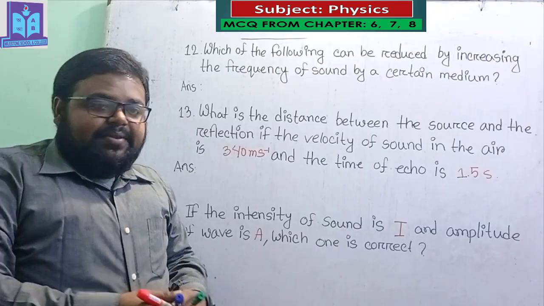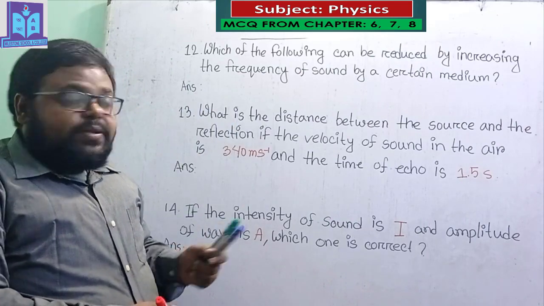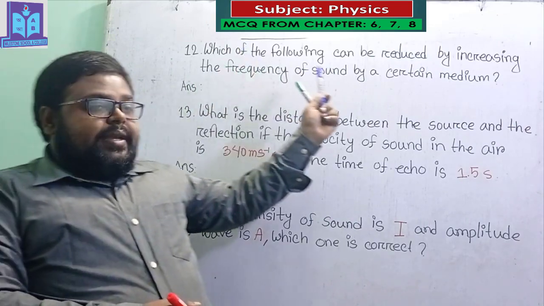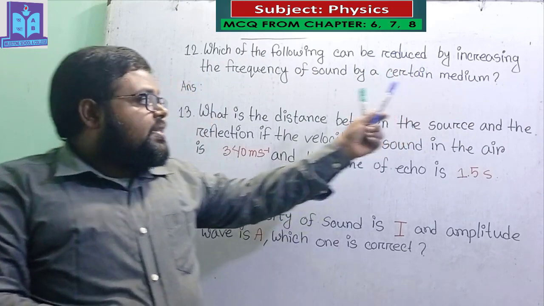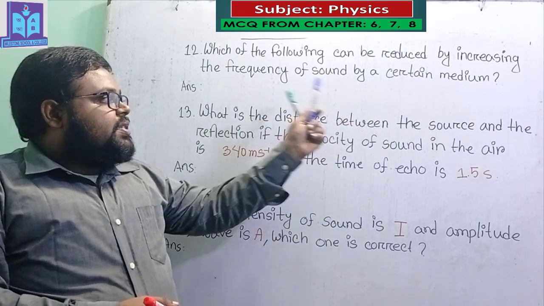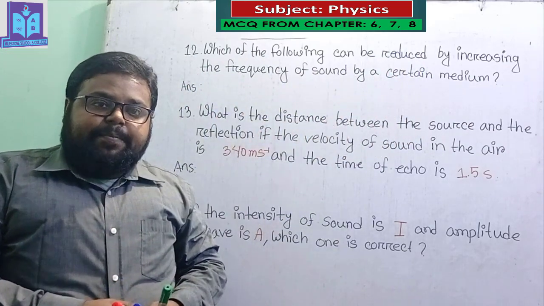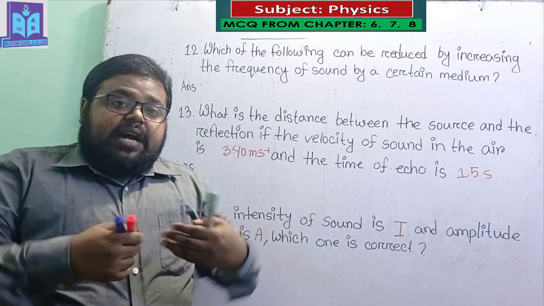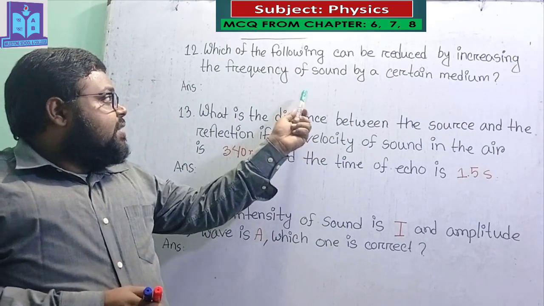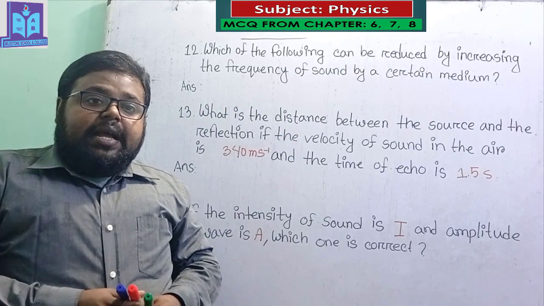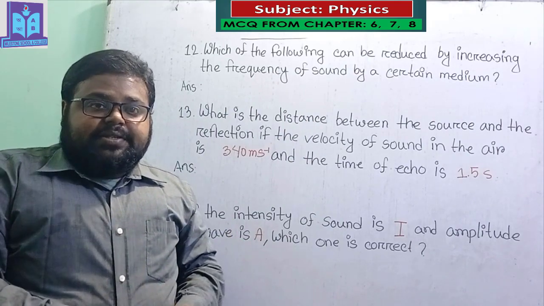Dear student, number 12 question is, which of the following can be reduced by increasing the frequency of a sound in a certain medium? That means in a certain medium, if you increase the frequency of a sound, then what will decrease?